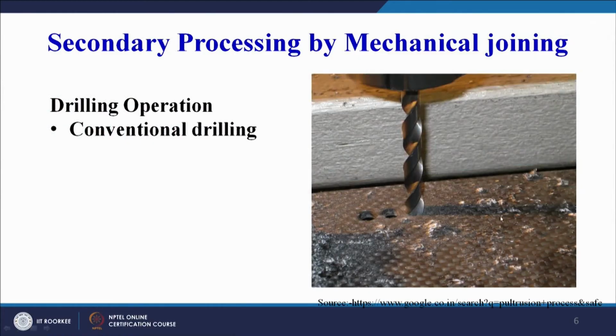So in mechanical joining we require the drilling of holes. Here we have a composite plate and drilling can be done to generate a hole for providing a site for doing the fastening operation. Hole making by conventional drilling, as was shown in the previous slide, is a very challenging task.